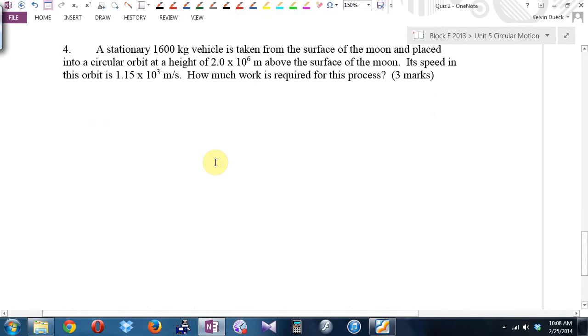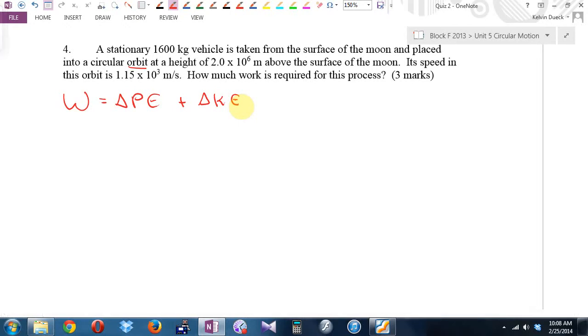Number 4. How much work? Well, now we're in orbit, so work is going to be change in potential plus change in kinetic. Okay, Mr. Dueck, I'm going to find the change in potential separately and the change in kinetic separately.